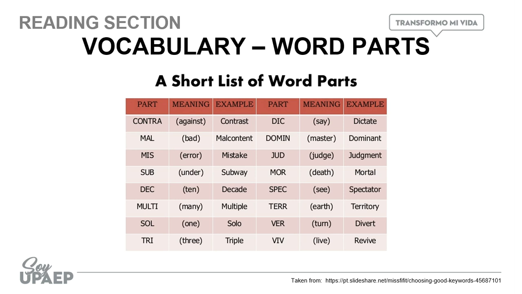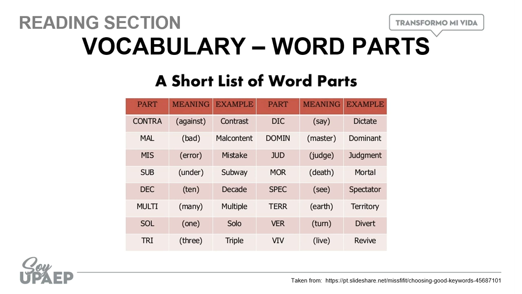For example, the particle de, right? This means 10. So for example, the word decimal, we know that it has to do with the particle 10, right? For example, the particle sub, as in the word subway, that means under. So we can determine that the word means under the way.